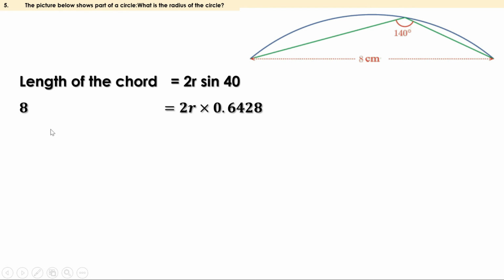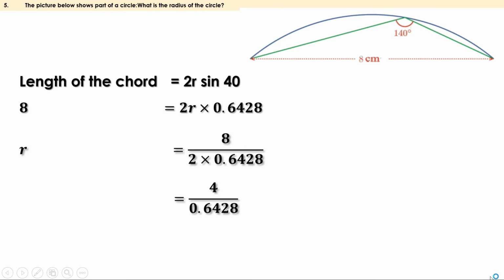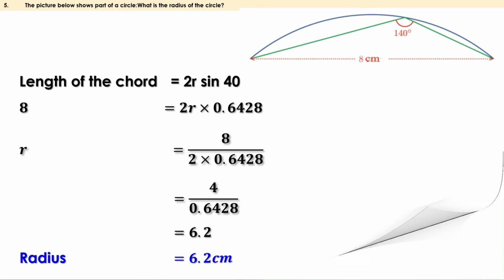We will get 8 by 2 into 0.6428 equal to r. 8 by 2 is 4. So, this can be written as 4 by 0.6428. Dividing, we get this is approximately equal to 6.2. That is, radius of this circle is approximately equal to 6.2 centimeters.